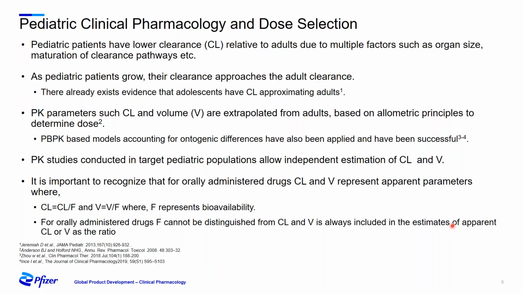It's important to recognize that for orally administered drugs, F cannot be distinguished from clearance and volume and is always included in the estimates of the apparent clearance or volume as the ratio. So it's important to recognize that as I continue discussing this concept over here.